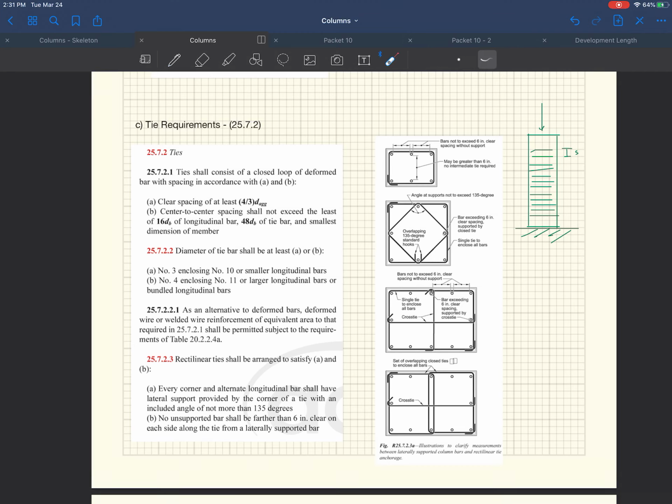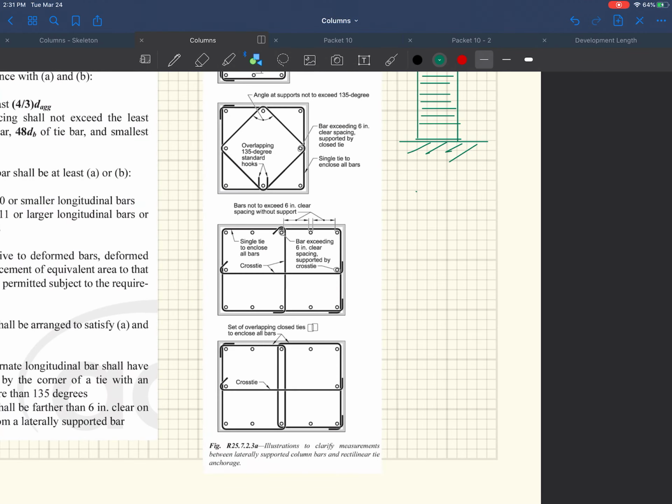Now, according to ACI, ties shall consist of a closed loop of deformed bar with spacing in accordance with A, B, or C. It has to have a clear spacing of at least 4/3 the diameter of the aggregate. So this says clear spacing, so this is the distance between them. So if you're looking at 2 bars, what a great diagram, this will explain a couple things.